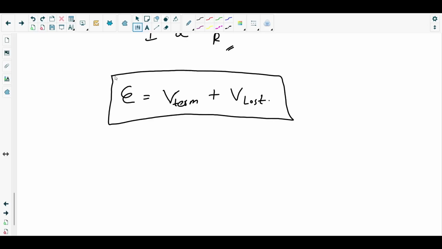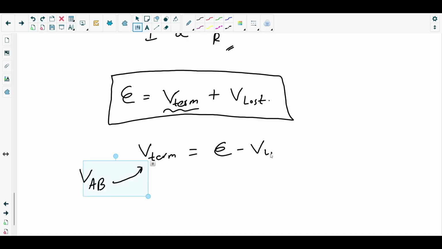Okay, so here we are getting the terminal PD, V term, across the terminal AB. So VAB is basically this V terminal. Which means the Thevenin's voltage is giving us the terminal PD for the original circuit when the load resistor is removed. So if you make V term the subject, you get EMF minus V lost.